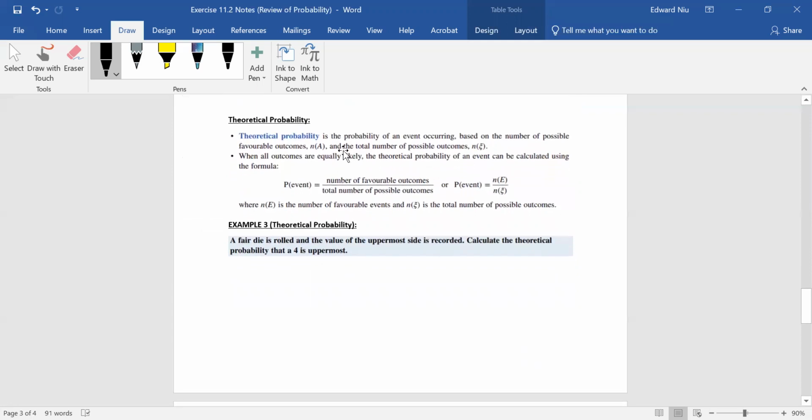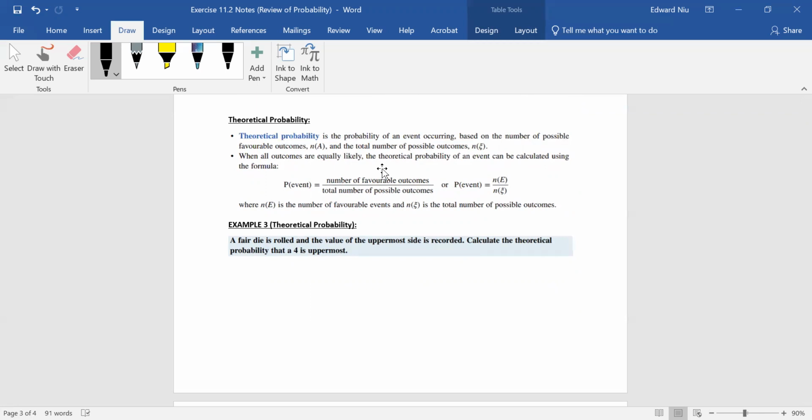Theoretical probability. So long story short, theoretical is in the perfect world. If we were to do these trials, it'll come out with the perfect probability. For example, if we were to flip a coin, we know in theory we should have a 50-50 chance of landing on heads or tails, which means the theoretical probability of it landing on heads is 0.5.